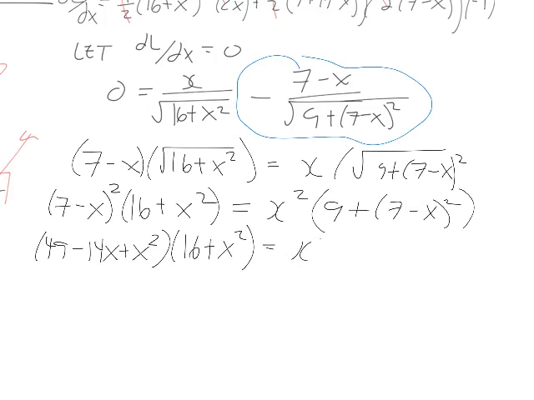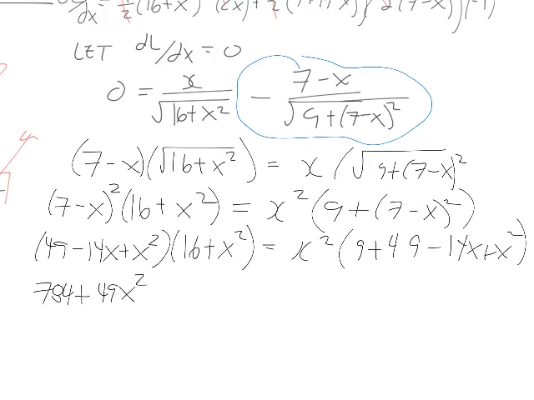On the other side we have x squared, and inside that bracket we have 9 plus 49 minus 14x plus x squared. When it's all said and done, we end up with 784 on this side plus 49x squared.